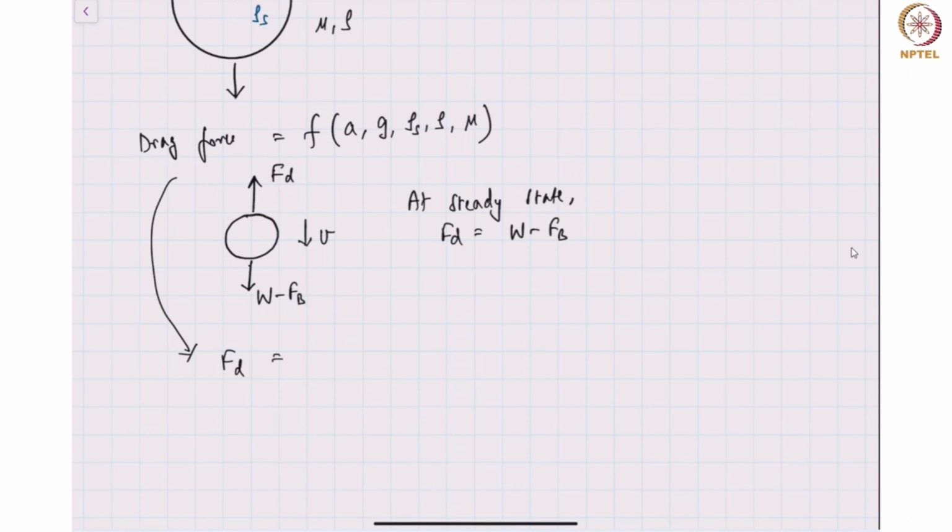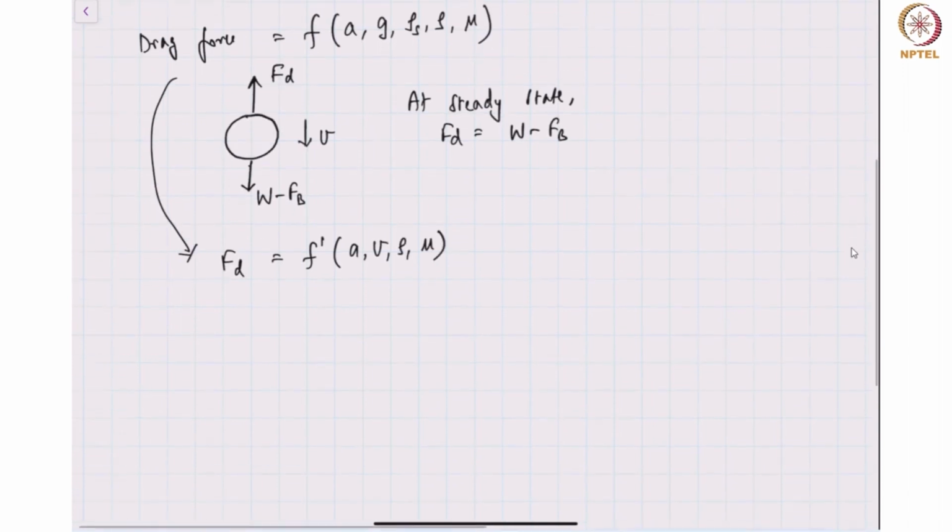So therefore, this expression that we had here can be replaced with a drag force that would now be a new function. Let's say this is f prime of particle size, velocity, density, and viscosity of the particle. Now, if I use Buckingham pi theorem, I'll assume that all of you know Buckingham pi theorem. There are several good textbooks in fluid mechanics which explain it.